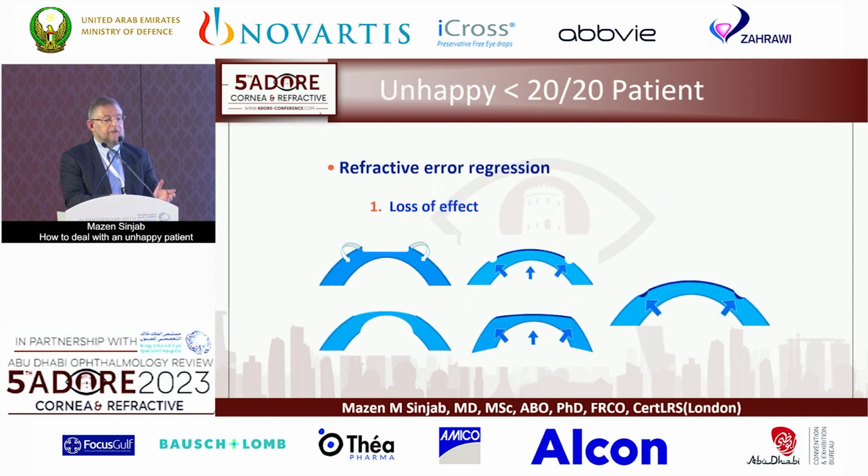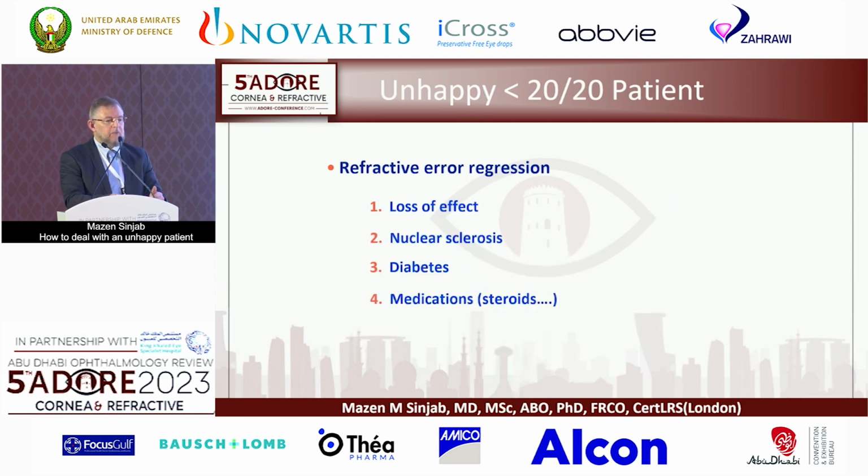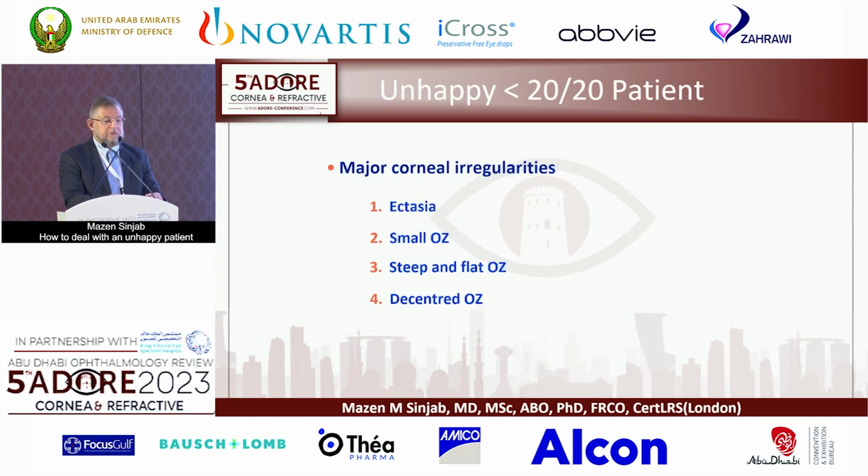Now, the loss of effect because of biomechanical changes after the operation or because of the epithelial remodeling. Sometimes nuclear sclerosis may develop later if the patient is diabetic, if the patient is taking medications. So the refractive error regression can be due to these causes.